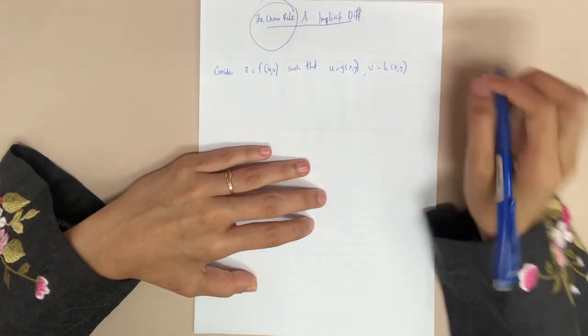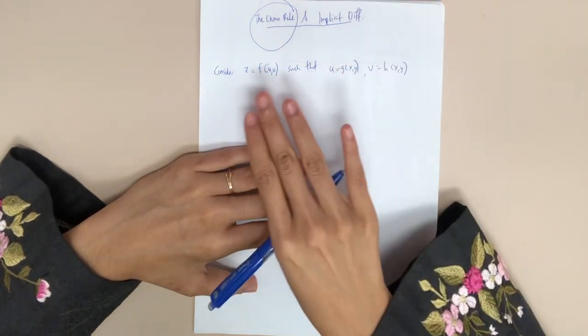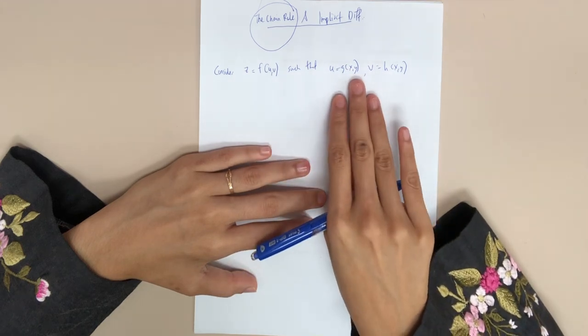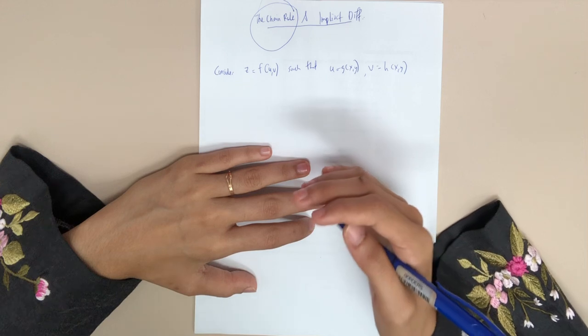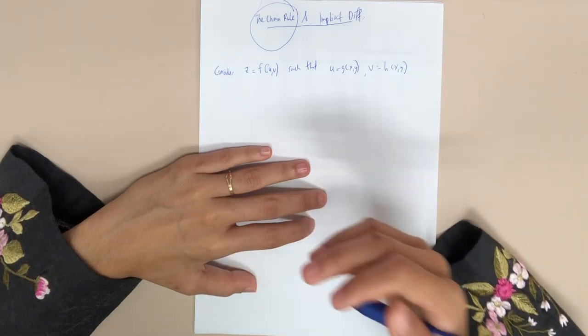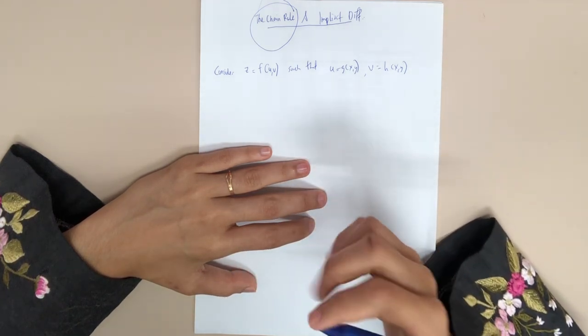Both the functions g(x, y) and f(u, v) are functions that can be differentiated. They are differentiable.